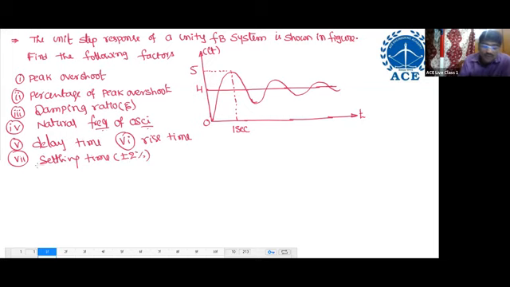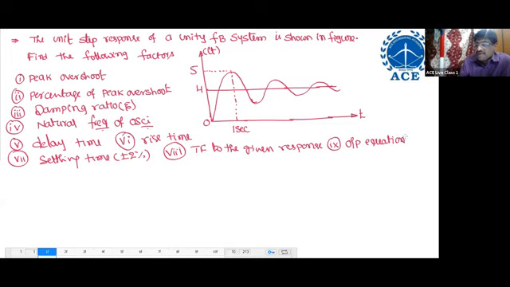Next, closed loop transfer function, or transfer function to the given response. Next, output equation for the given response.